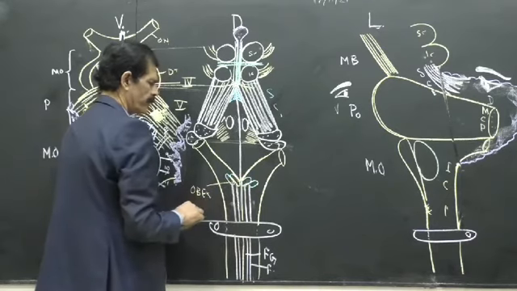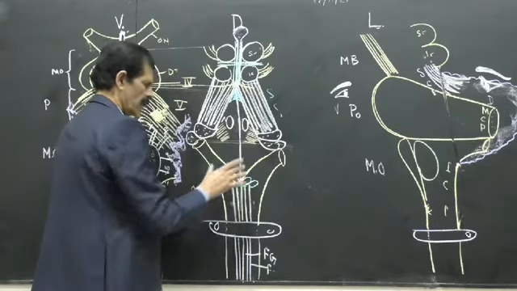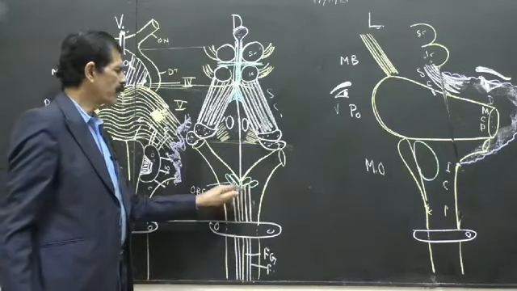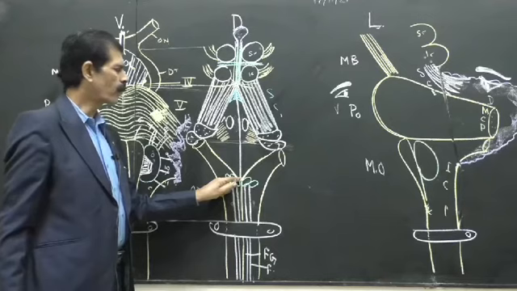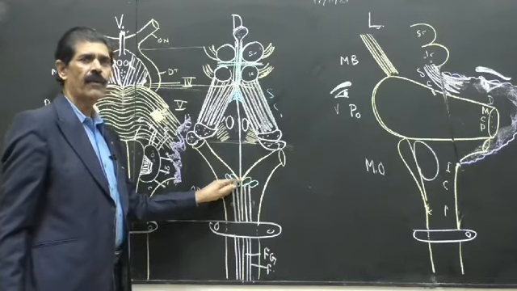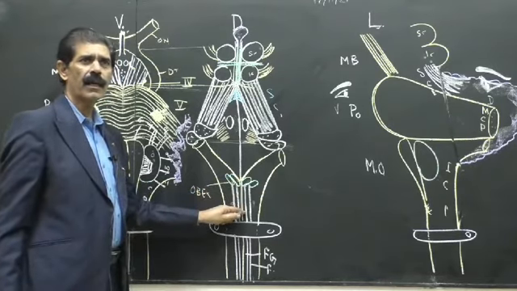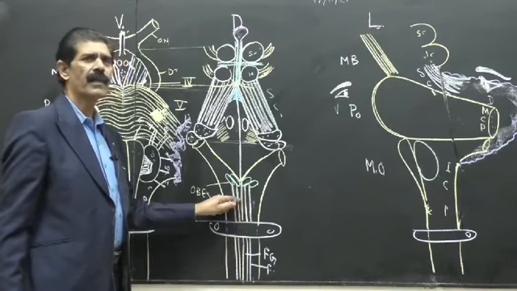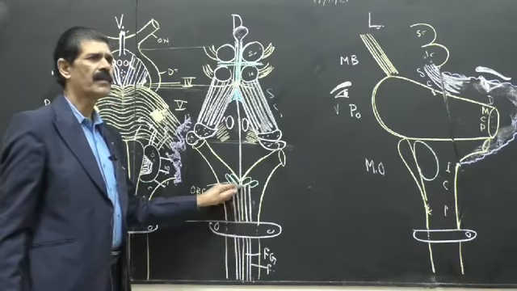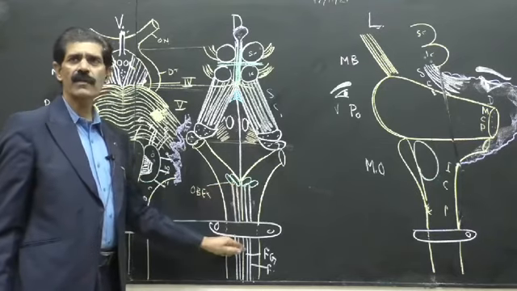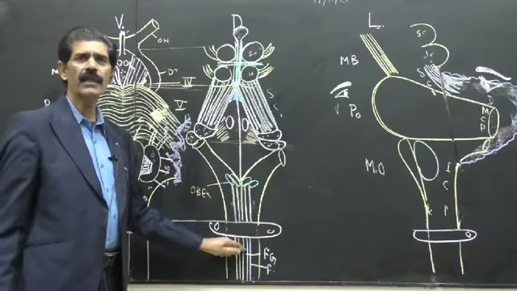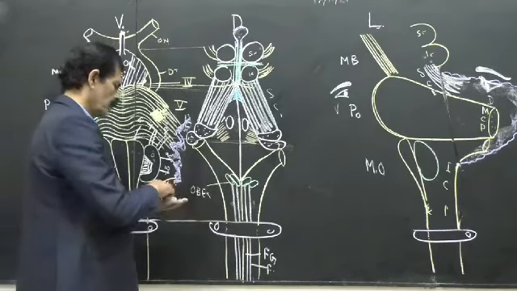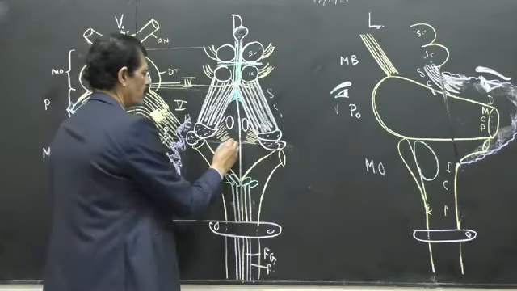In the closed part, from the obex, the fourth ventricle ends, and from here starts the central canal of the spinal cord. So this is the starting point of the central canal, which has to traverse the 45 centimeter length of the spinal cord also.